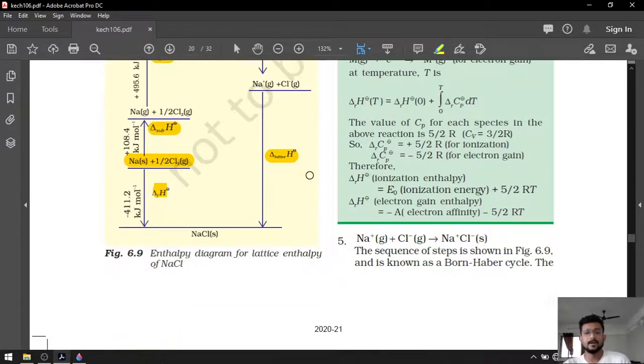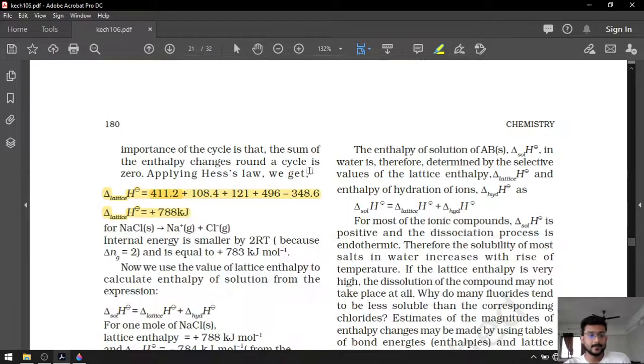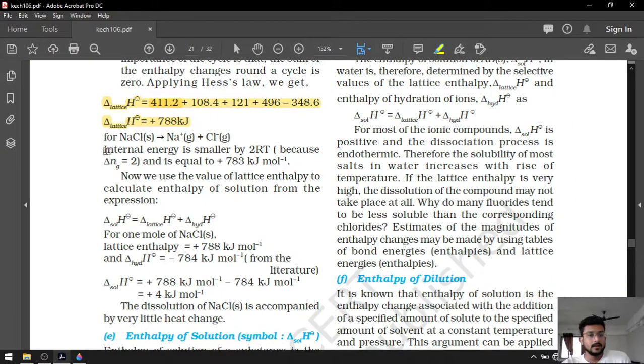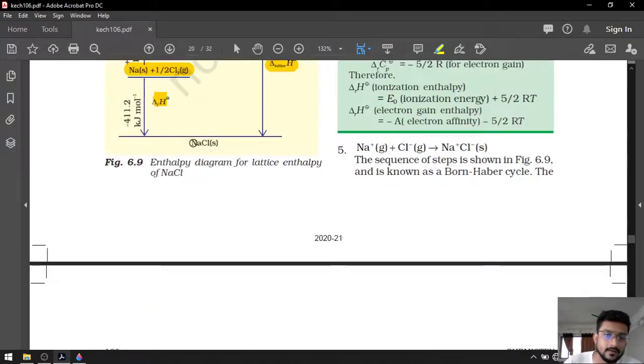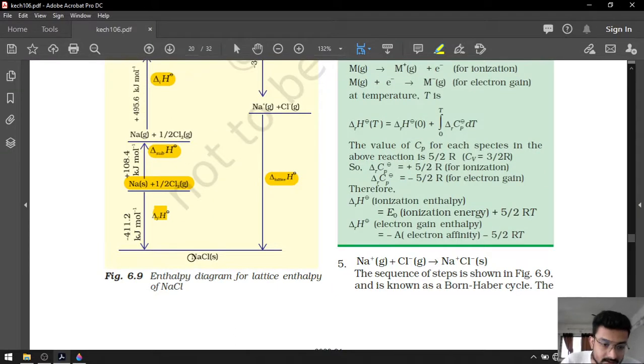After that, look at this. The internal energy is smaller by 2 RT, because delta Ng is equal to 2. Why is delta Ng equal to 2? Look at this reaction. This is the reactant, this is the product. The gaseous moles of product will be 2: one of sodium, one of chlorine.